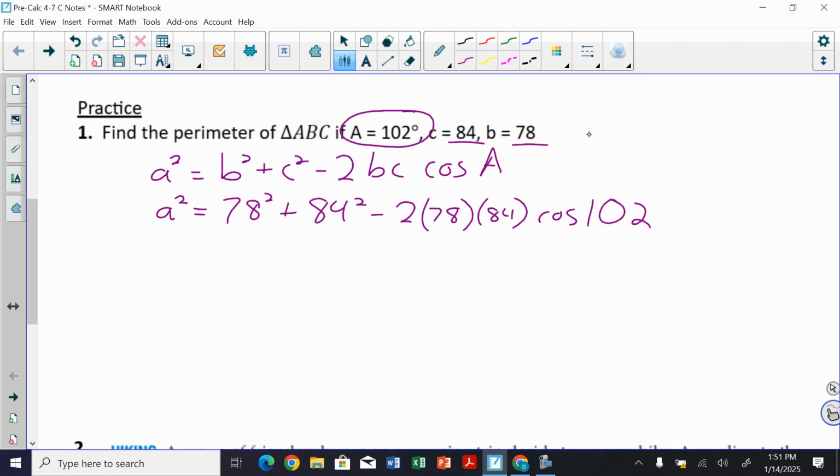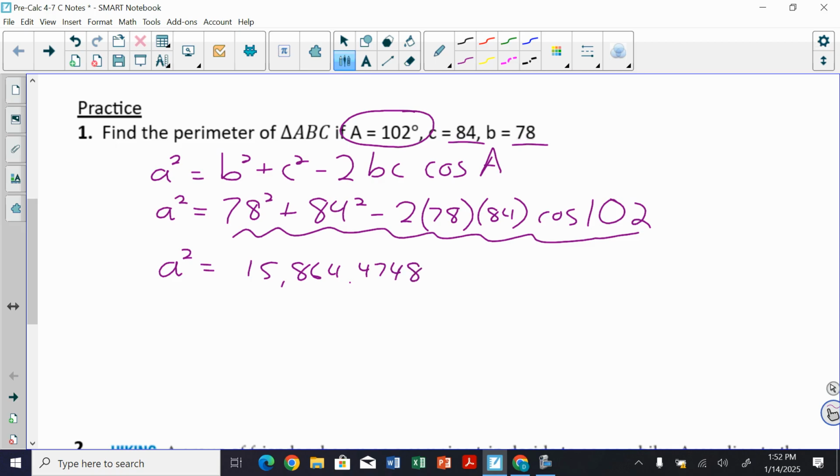Now, you can do this whole piece right here in your calculator straightforward. Most calculators will do it right away. So when you plug that in, you'll get a squared. I believe it comes out to like 15,000 and some change, 15,864.4748, whatever. You can round it if you need to, but that's a squared.